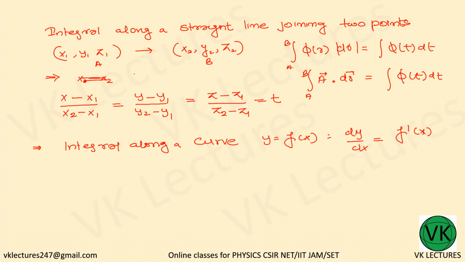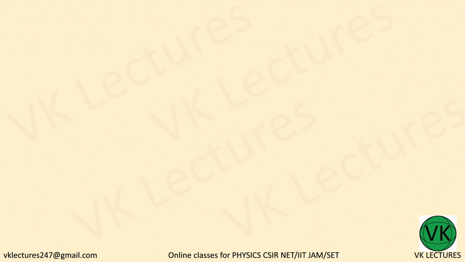So dy we can write as f dash of x times dx, then integral a dot dr will be equal to integral phi of x dx. So far we have seen about the line integral.